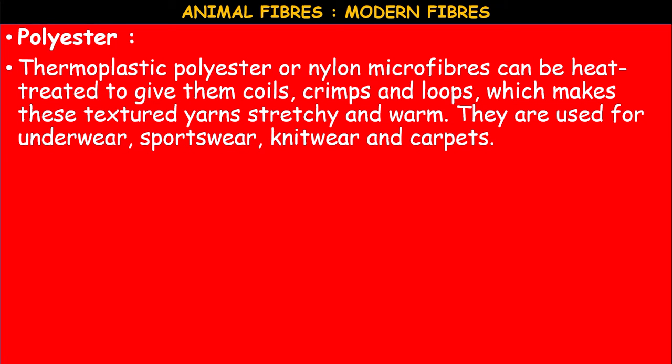Another type of polyester, thermoplastic polyester or nylon microfibers, can be heat treated to give them coils, crimps, and loops, which makes these textured yarns stretchy and warm.